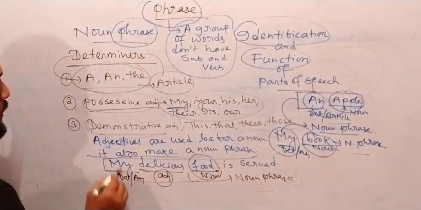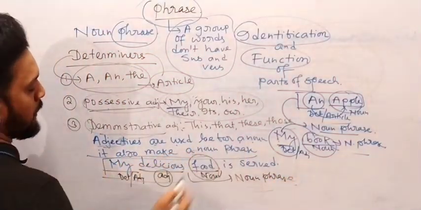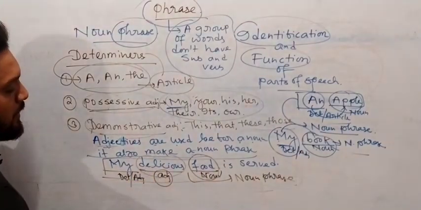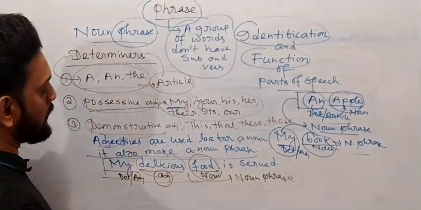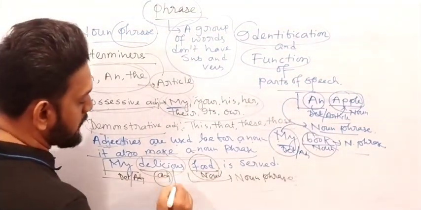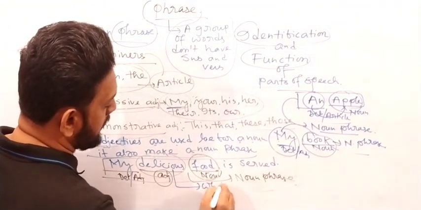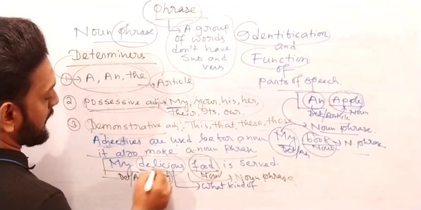What? Noun phrase. So what I said before, when adjectives are used before a noun, it also makes a noun phrase. Have you seen? This one is an adjective. And how can you define an adjective in a sentence? Last day also I discussed, my friend, using the WH question word. What kind of? My what kind of food?